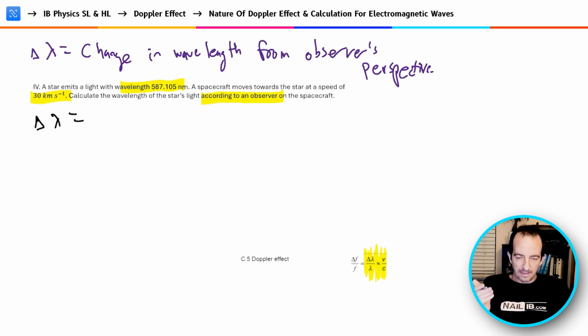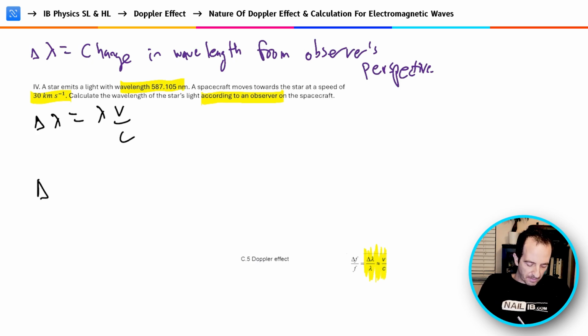I'm given c, which is the speed of light. So we're looking at the velocity of the spacecraft with respect to the speed of light in a vacuum, so essentially the speed of an electromagnetic wave. And that is the formula that we use in order to get delta lambda. So delta lambda is equal to the lambda that we are working with times the ratio of v to c, the ratio of the velocity of the observer to the speed of light.